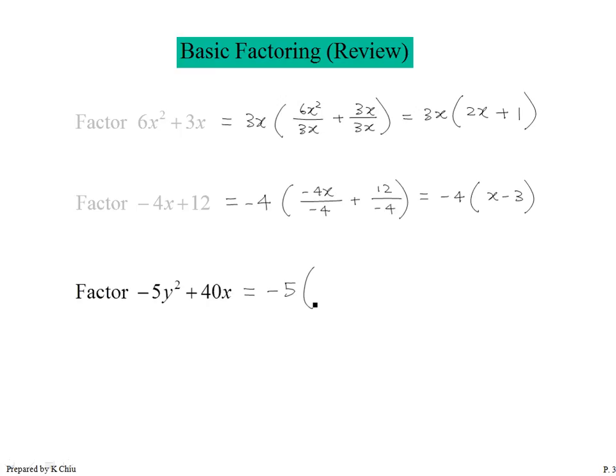So we have a negative 5 factored out, and the leftover would be negative 5y squared divided by negative 5 plus 40x divided by negative 5. So we got negative 5 times, open parenthesis, y squared minus 8x, like this.